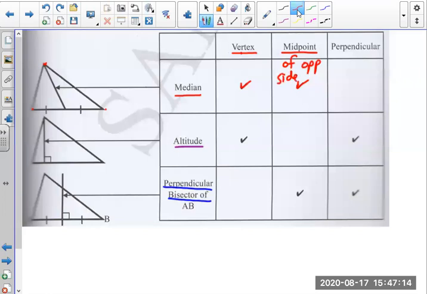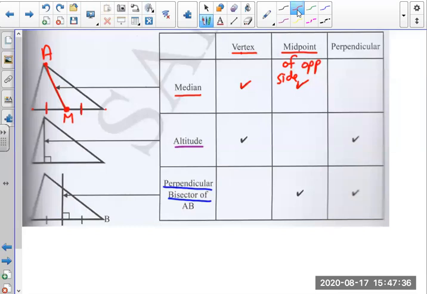So if I want the median from A, then it's from that point to the midpoint of the opposite side. Say that is the point M, which is the midpoint.